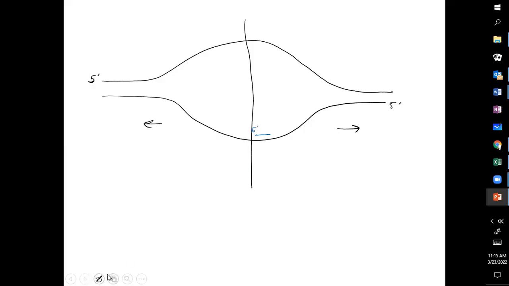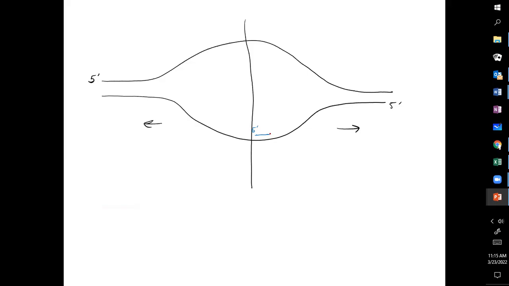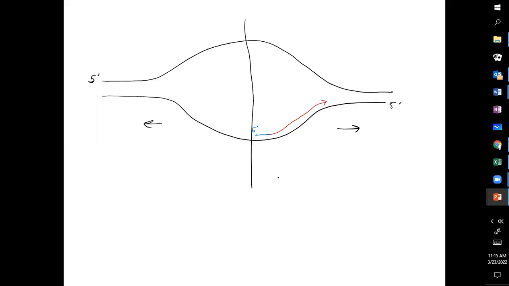So 4, 5, 6, maybe 7 nucleotides are going to be added by primase, and then DNA polymerase is going to come in. And synthesis is going to continue towards the fork. This is called leading strand or continuous DNA synthesis.